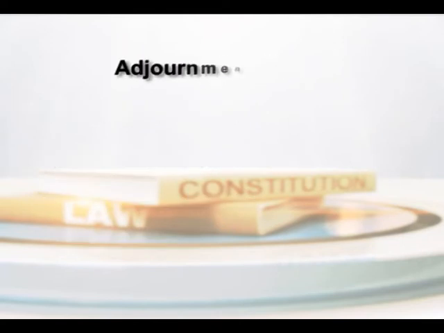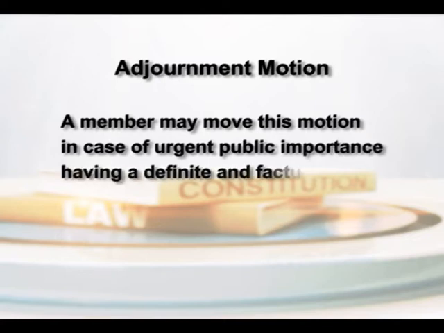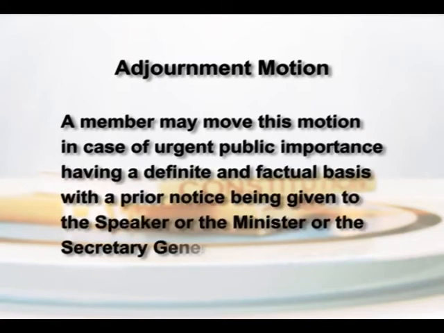Now, what do we mean by an adjournment motion? A member may move an adjournment motion of urgent public importance having a definite and factual basis, with a prior notice being given to the Speaker or the Minister or the Secretary General.